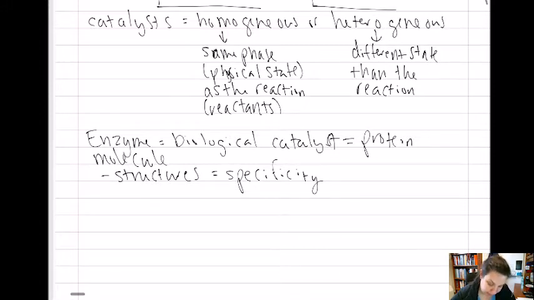So it catalyzes one reaction type, one specific reaction, or one molecule type. So it's specific to a specific molecule, a specific molecule type, so an amine or amide, specific bond type, an amine bond, or a specific stereoisomer.